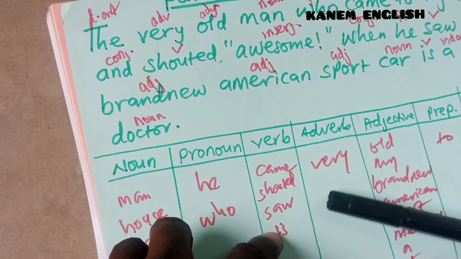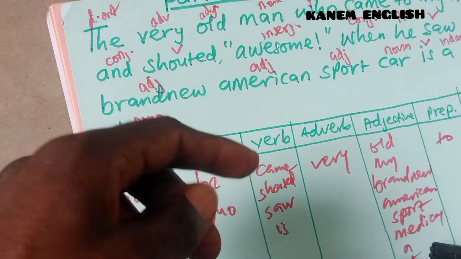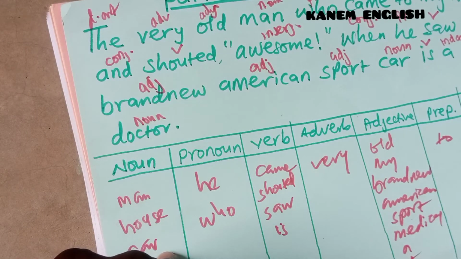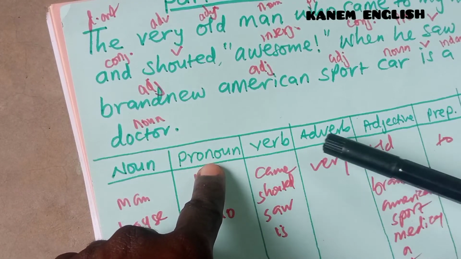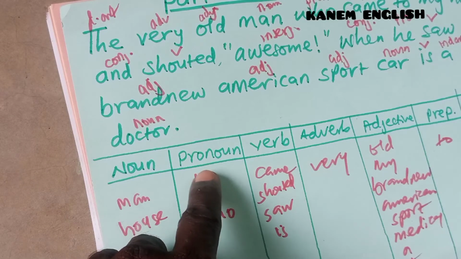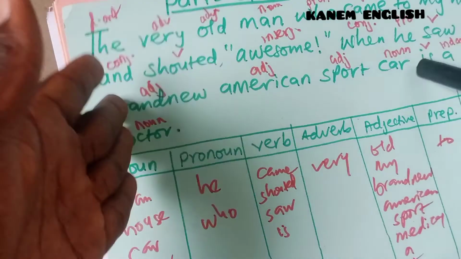Then very is adverb; old, my, brand new, American, sport, medical, and the are adjectives; preposition we use the word to; conjunction we use and, when; then interjection awesome. So we have noun, pronoun, verb, adverb, adjective, preposition, conjunction, and interjection. So 1, 2, 3, 4, 5, 6, 7, 8, eight parts of speech in this sentence.